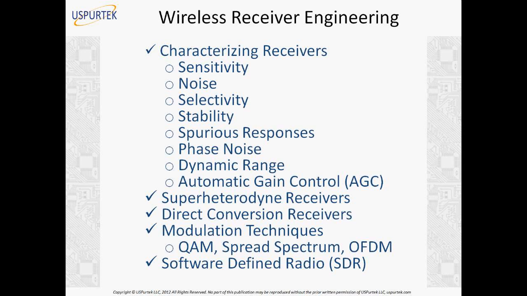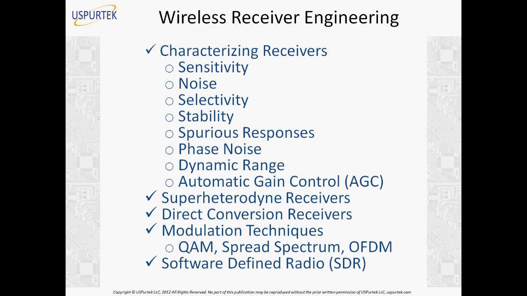After understanding all these characteristics, we'll move on to the various receiver topologies that are in use. We will learn about the superheterodyne receivers and the direct conversion receivers and what role they play in the conventional receiver architectures. Then we'll touch base on the modulation techniques, specifically the digital modulation techniques mostly in use in cellular communication networks.